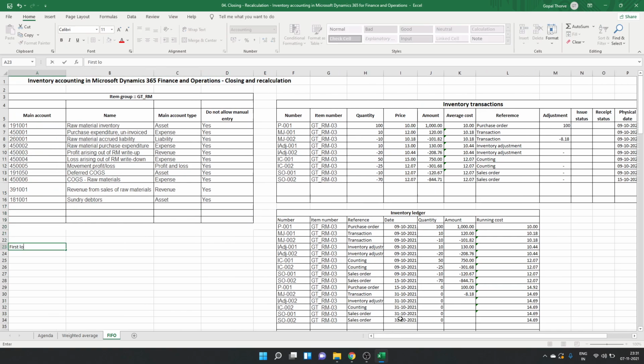First lot: the cost is this plus this divided by 100. Here I will change my formula to simplify it.